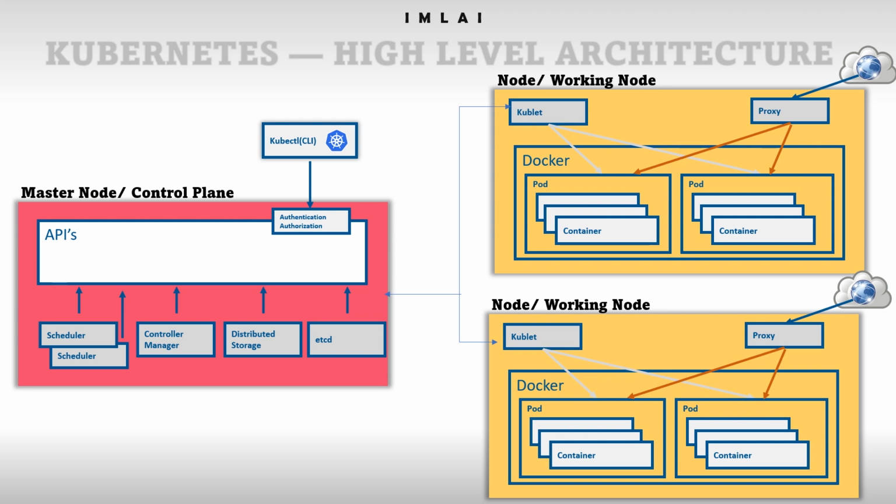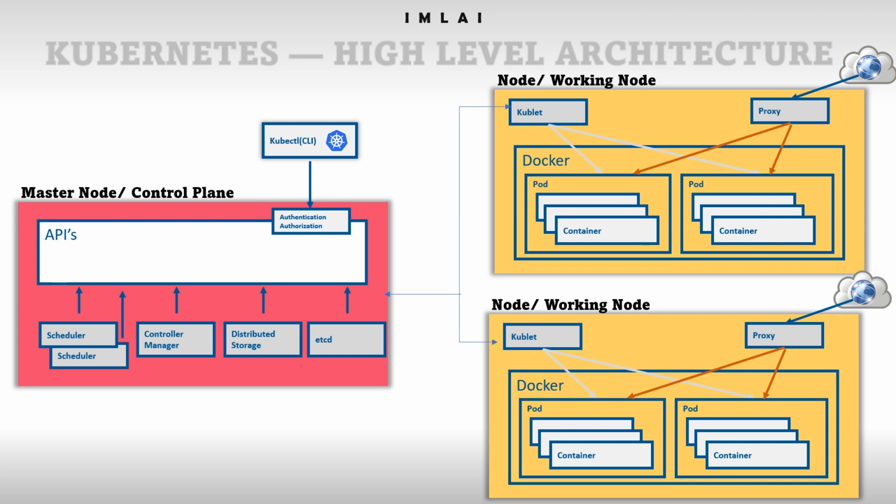Then another component that we find in a worker node is kubelet. A kubelet is responsible for starting, stopping, and managing individual containers by requests from the Kubernetes control plane.